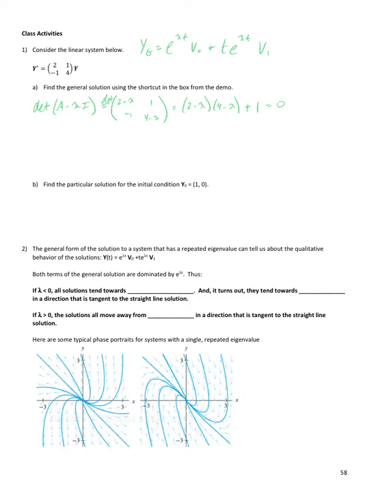So let's see, I multiply this out, I get 8 minus 2 lambda minus 4 lambda, which is negative 6 lambda, plus lambda squared plus 1. So lambda squared minus 6 lambda plus 9 equals 0. And I get lambda minus 3 squared equals 0.